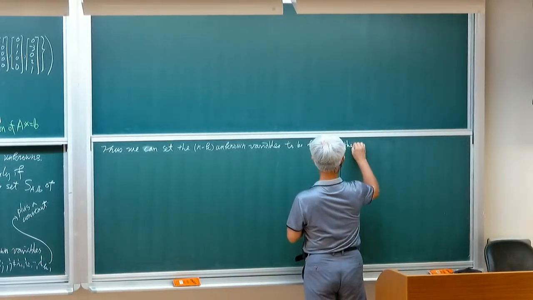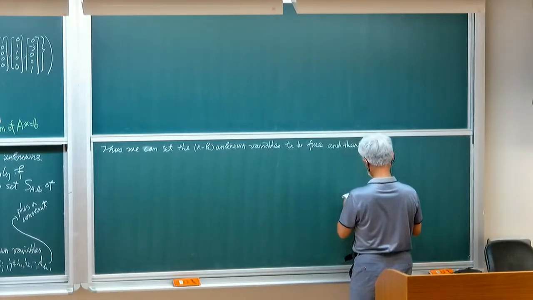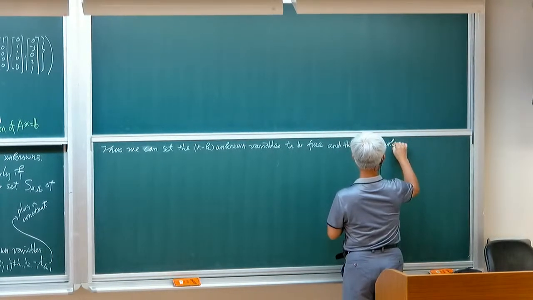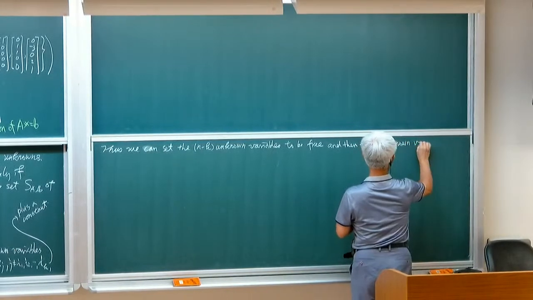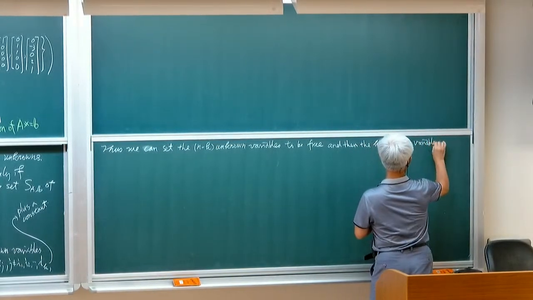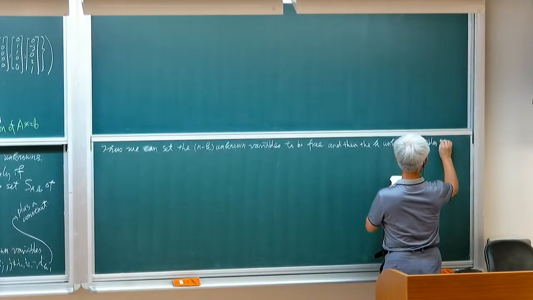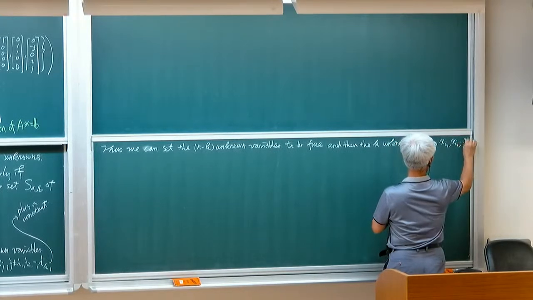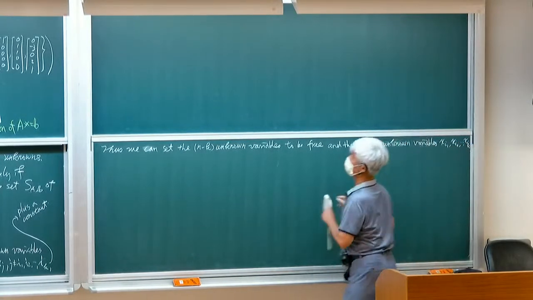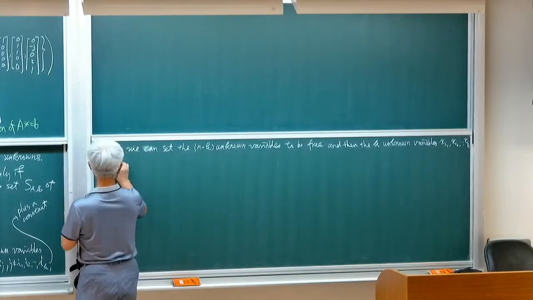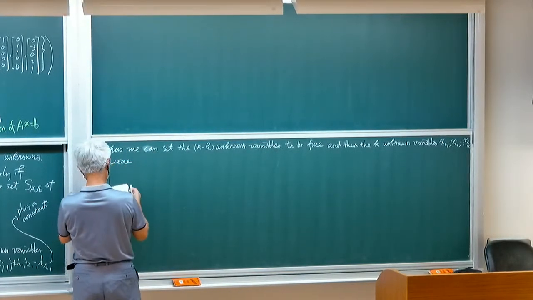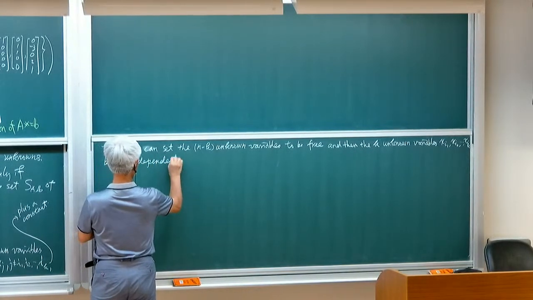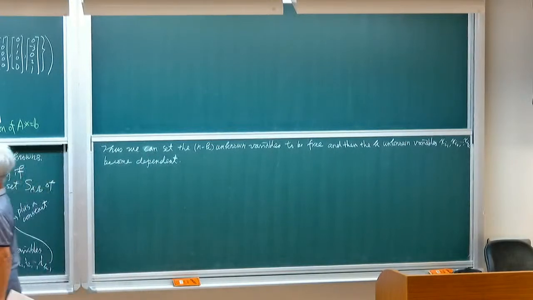And then the k unknown variables xi1, xi2, ..., xik become dependent. Okay. All right.